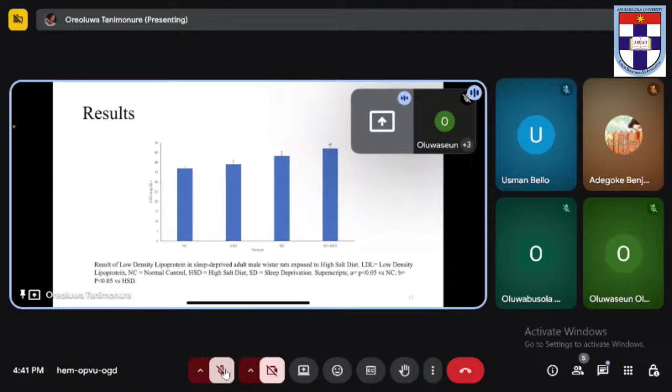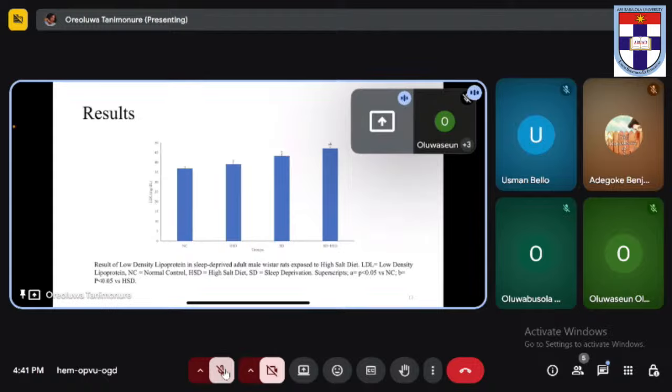My fourth graph shows the result of low density lipoprotein, and we can see that low density lipoprotein levels increase progressively across the groups. The control group recorded the lowest low density lipoprotein level, which increased moderately in the high salt diet group and the sleep deprived group, and it showed a marked elevation in the combined group, which is the sleep deprived plus high salt diet group, significantly different from the control group.